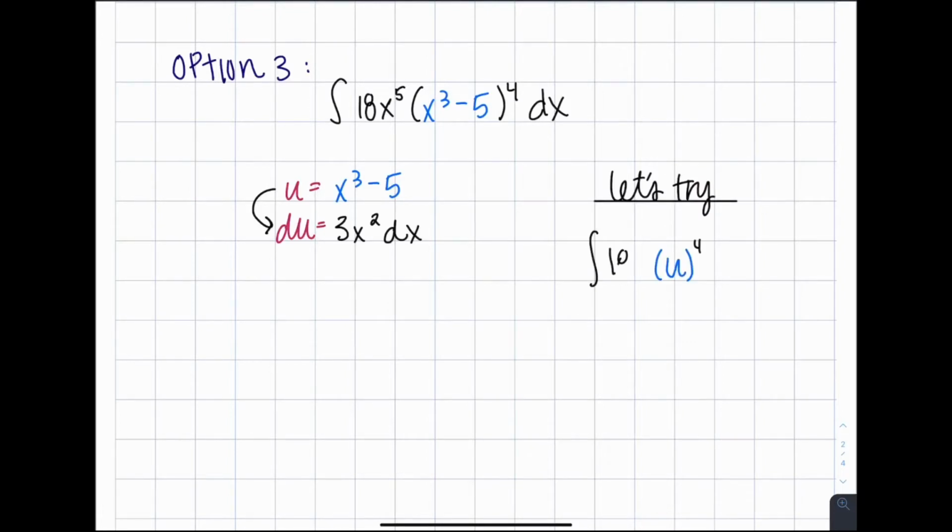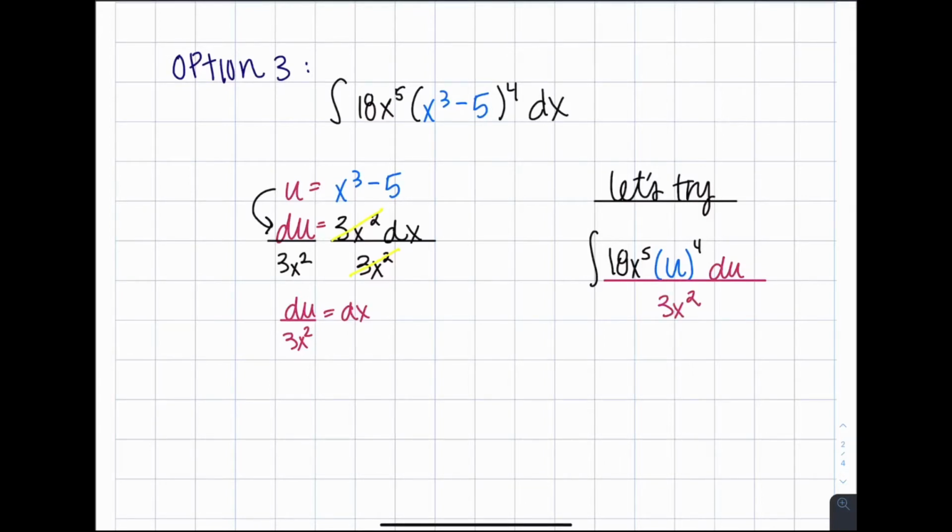We sub in our u. We need to solve for our dx. We find that dx equals du all over 3x squared.